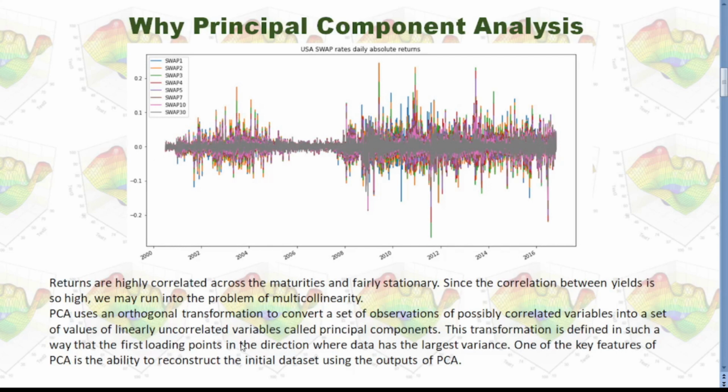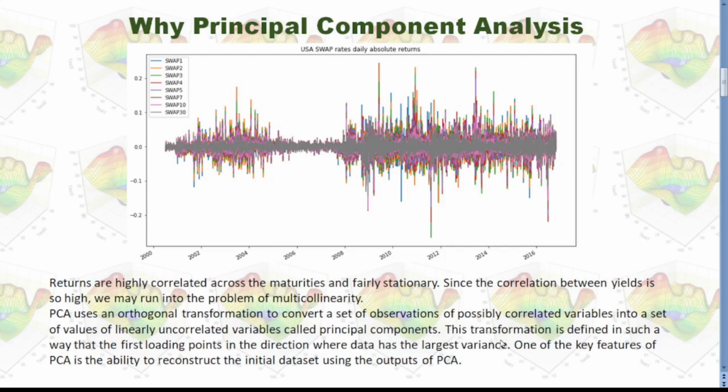Then we can use PCA to convert a set of observations of possibly correlated variables into a set of values of linearly uncorrelated variables called principal components.